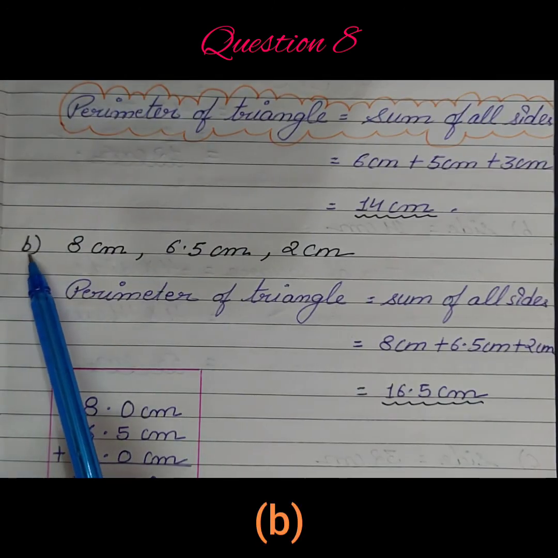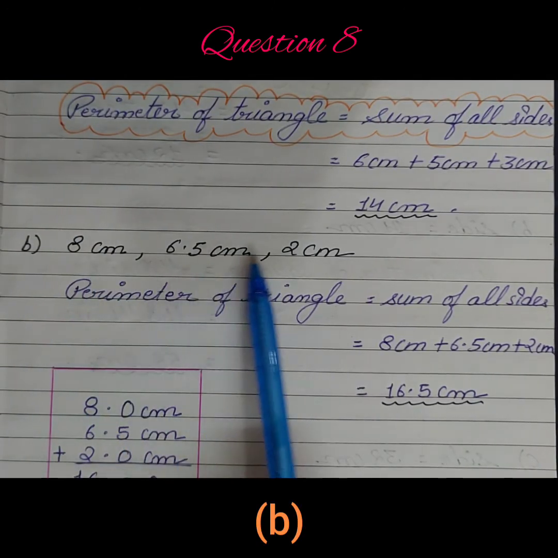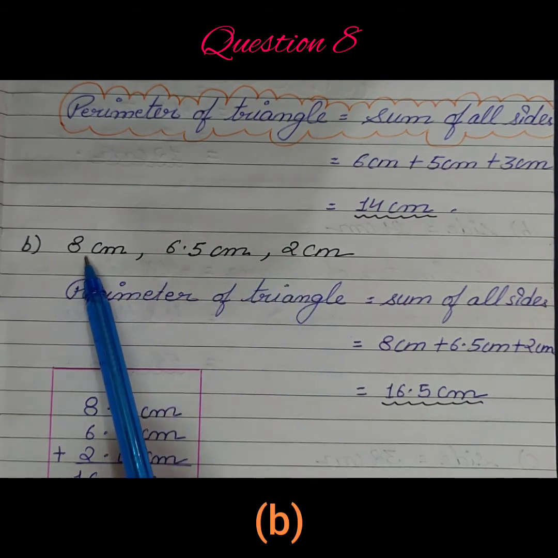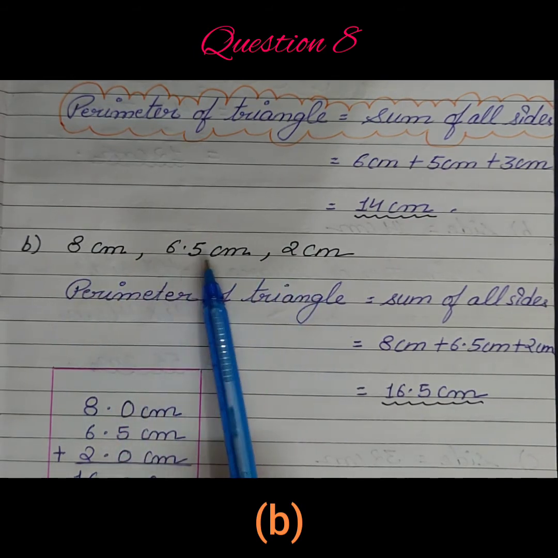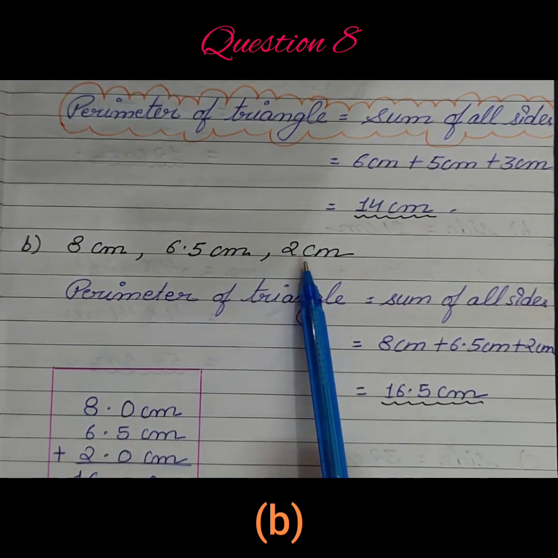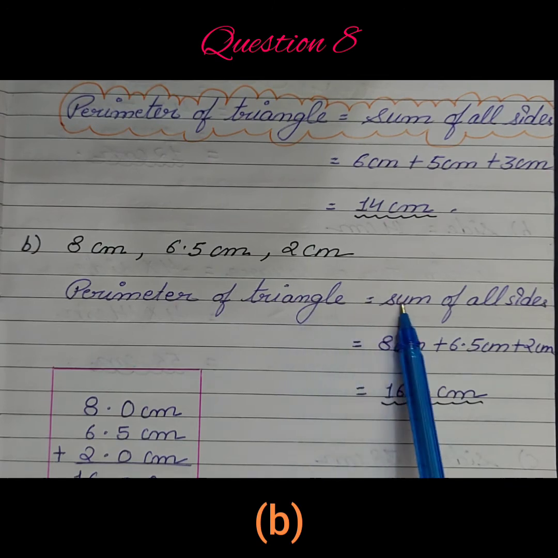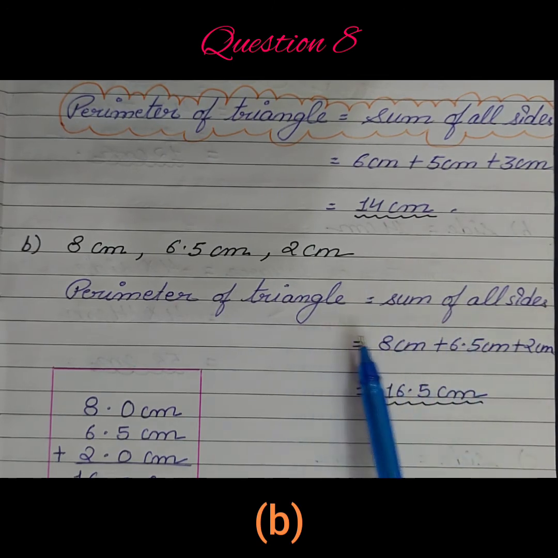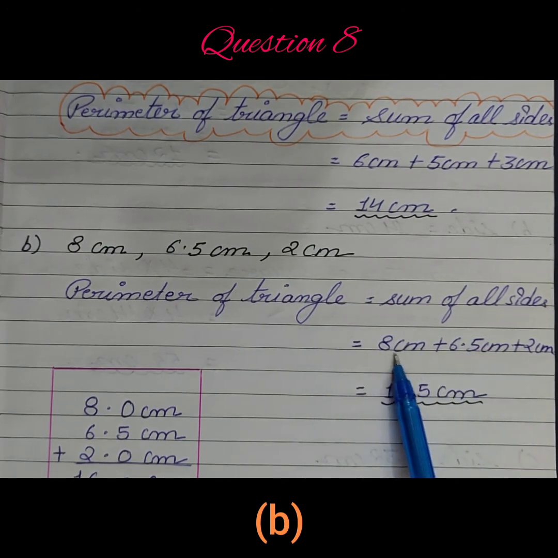Now let us solve B part. The sides of a triangle are given. First side is 8 cm, then 6.5 cm, third one is 2 cm. All three sides are different. Formula is perimeter of a triangle is equal to sum of all sides. Now first add all the sides. 8 cm plus 6.5 cm plus 2 cm.